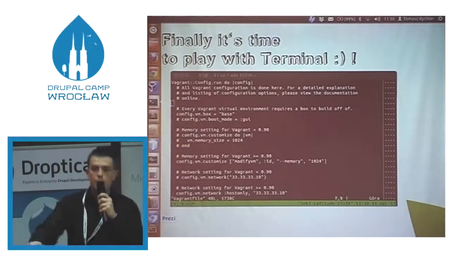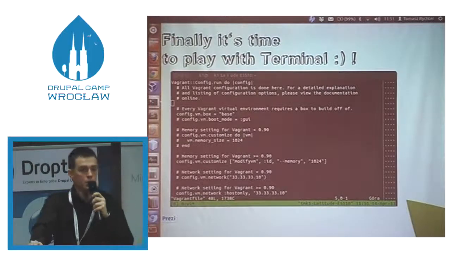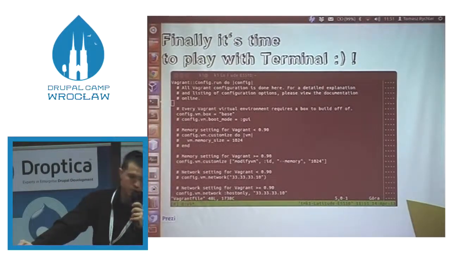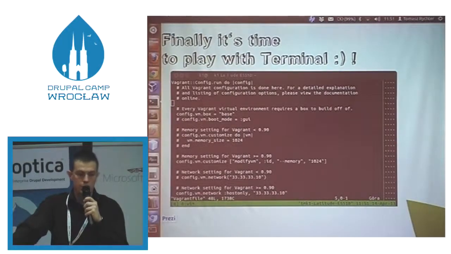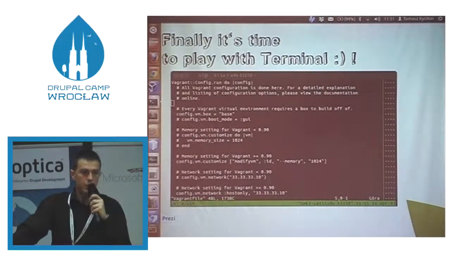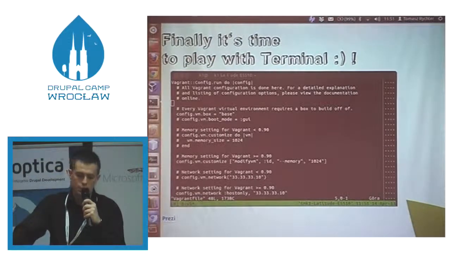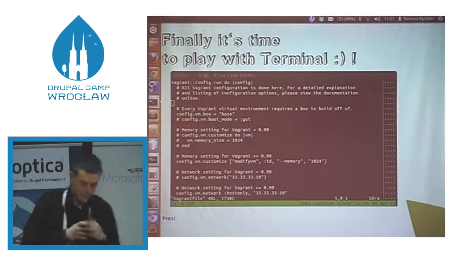When you are preparing Vagrant, the first thing which you need to have is the base, because creating a virtual machine from scratch would be quite a time-consuming action. So every Vagrant machine is based on something, and by default, the author of Vagrant is giving us something called boxes.